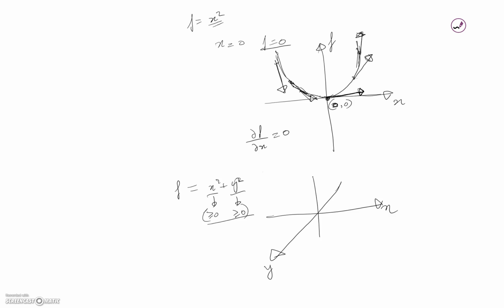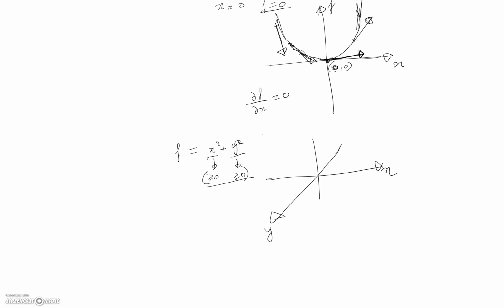So again, x is 0 and y is 0 minimize this function, and if we plot it on this three-dimensional axis, x is along the x-axis, y is along the y-axis, and we'll say f is along the z-axis, then you'll get a paraboloid.